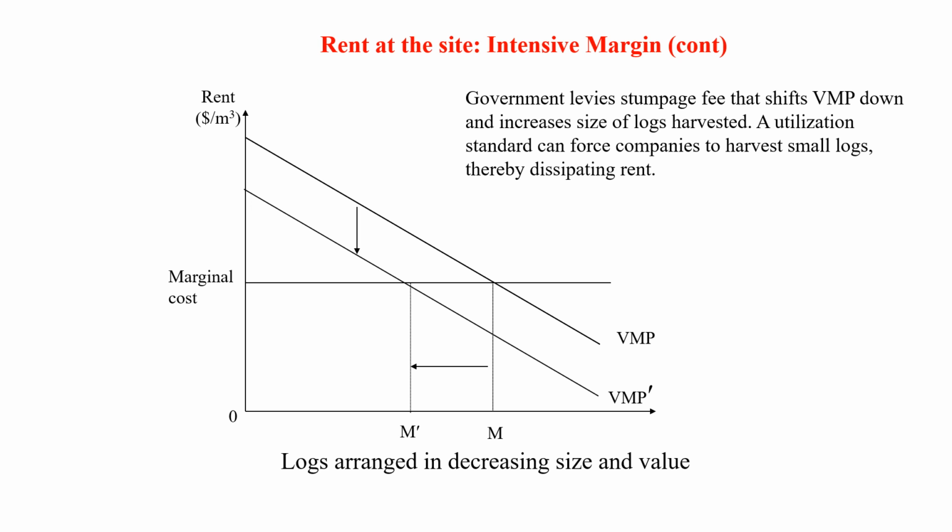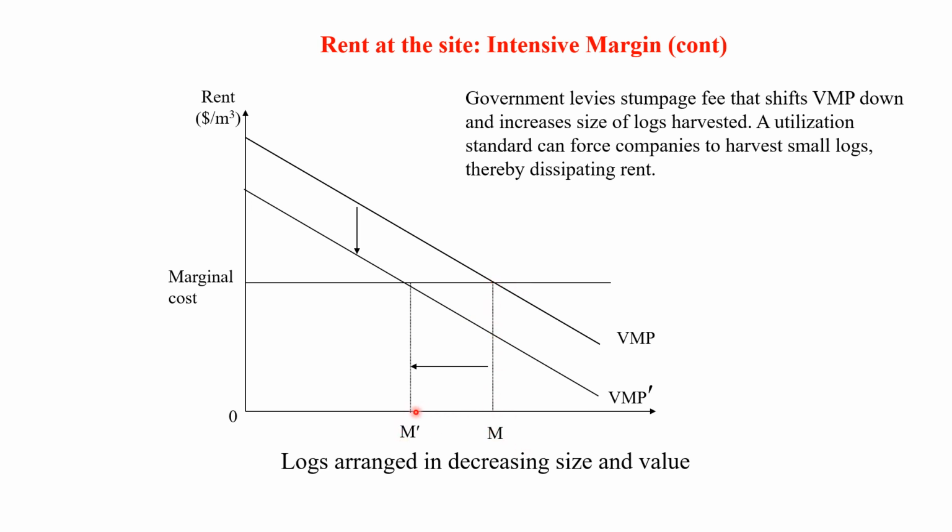Now the government levies stumpage fees that result in a downward shift of the value of marginal product curve. In other words, it increases the cost, reduces the value. You can think of it as reducing the overall price that one gets for a particular log per cubic meter. So when they do that, we go from M to M prime.